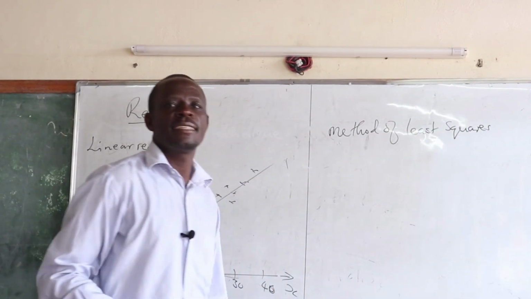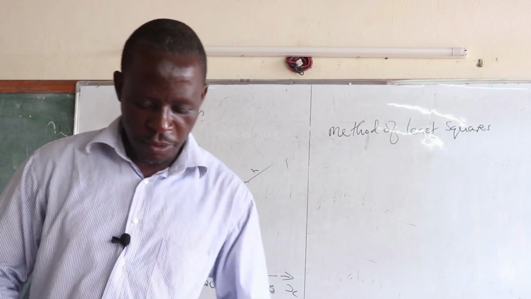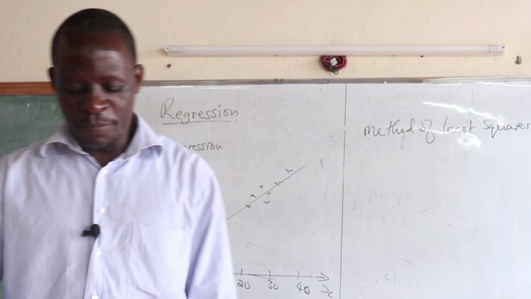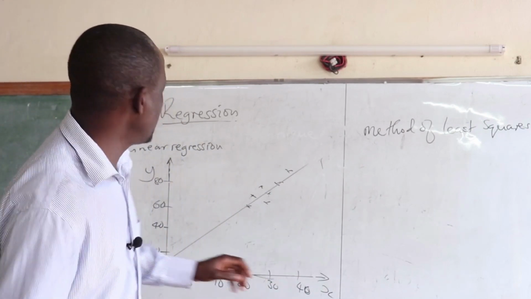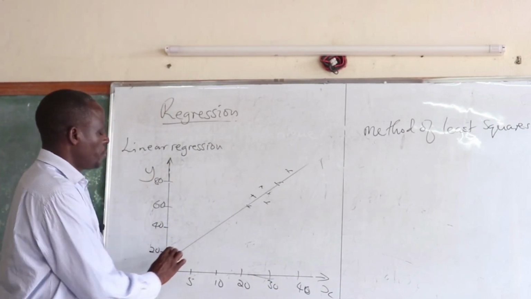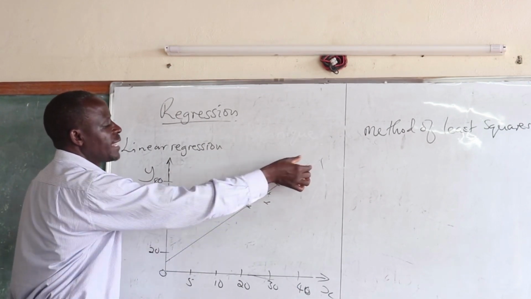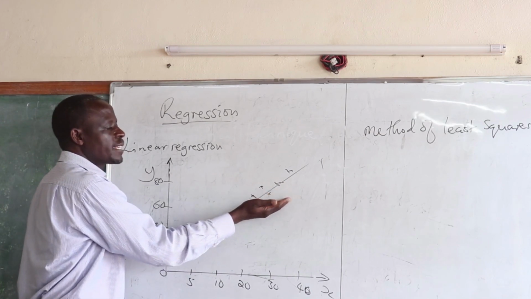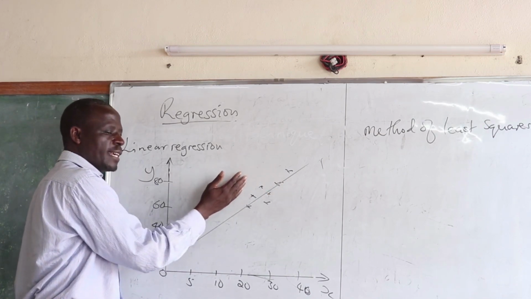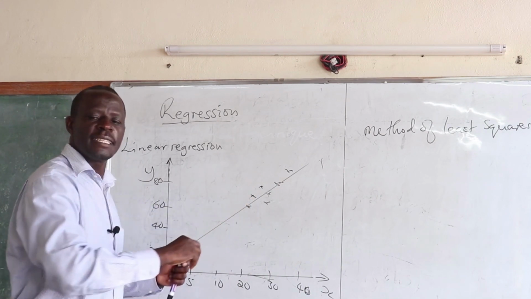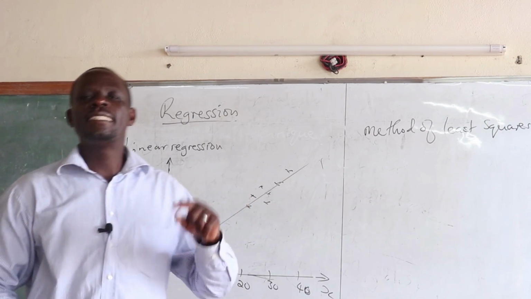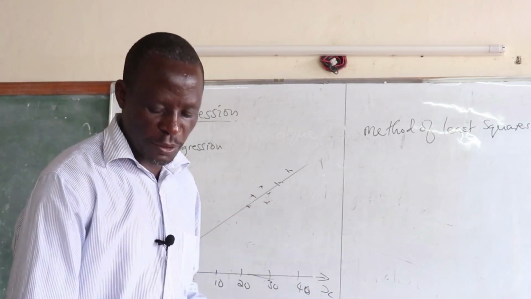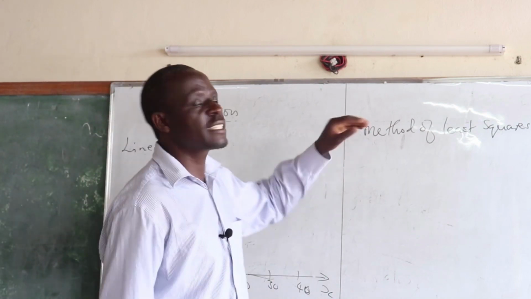The method of least squares, that's the one that we use. It's a mathematical method which can be used to fit the straight line. Some people think of this line just by considering, as I said already, that half of the data points should be below the line and half above the line, and fit the line by eye. However, in mathematics and statistics, we have a mathematical way of fitting this line, which is the method of least squares.